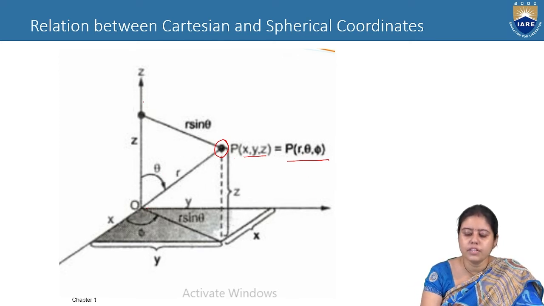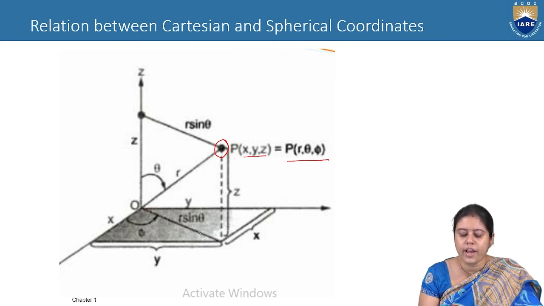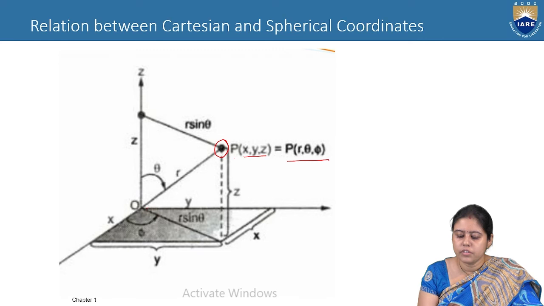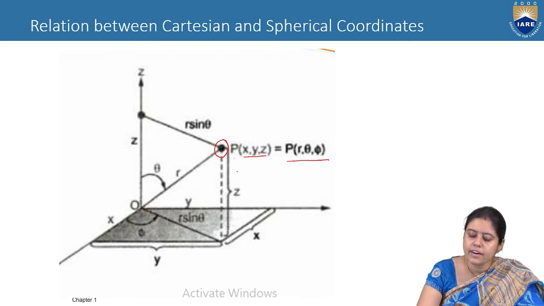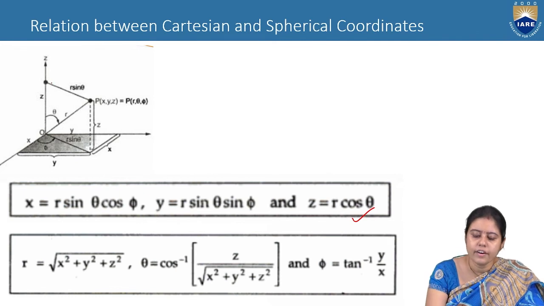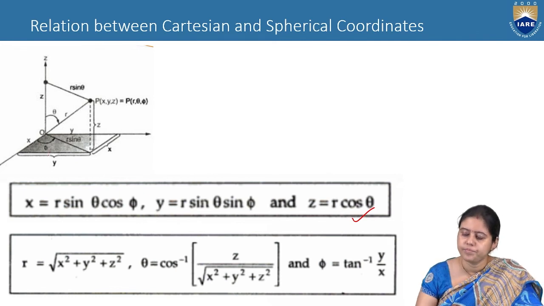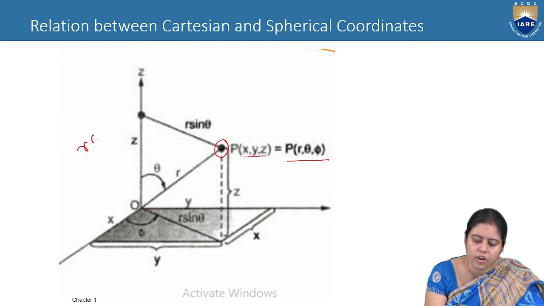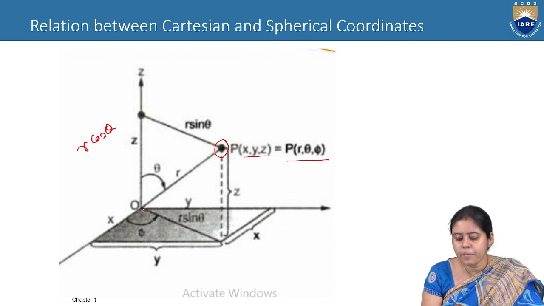First we will divide it into two axes, starting with z. As this is the angle, z will be r cos theta. So z is equal to r cos theta, we got. Now if one part is r cos theta, the other part will be r sin theta.